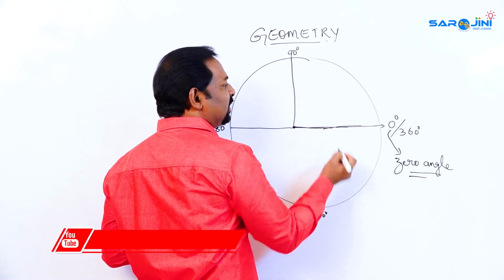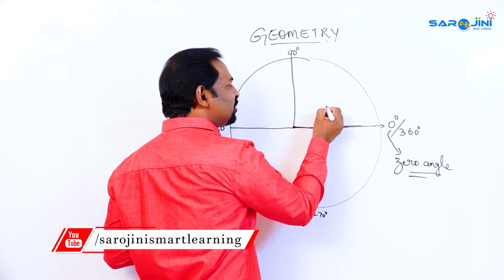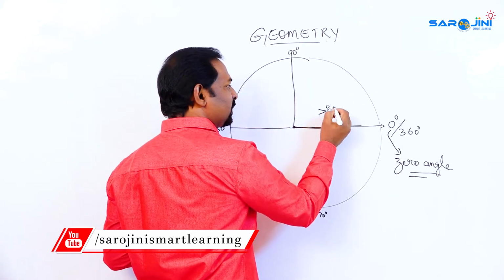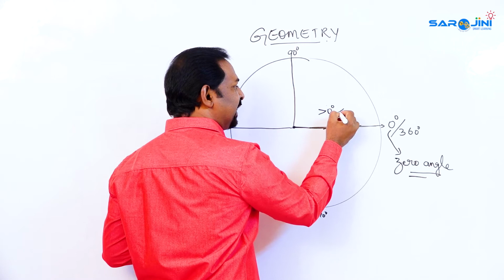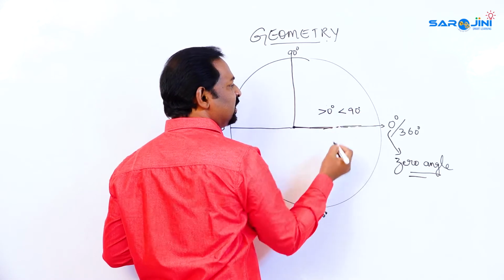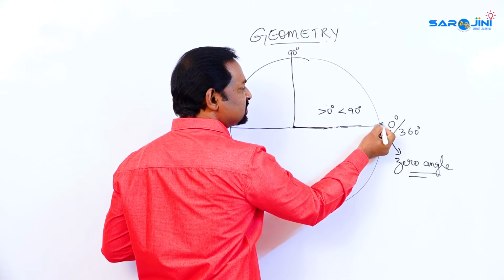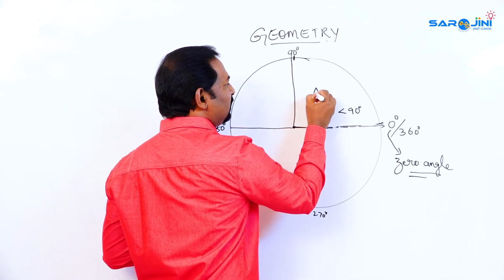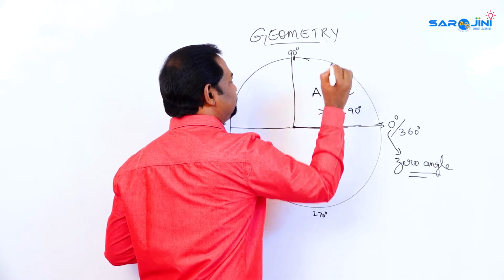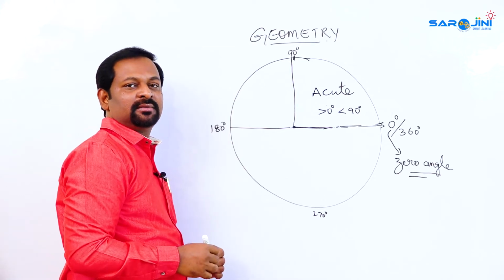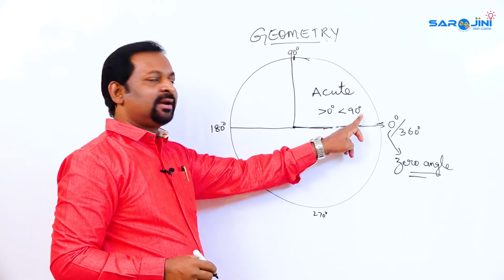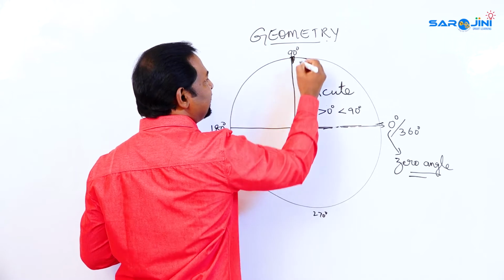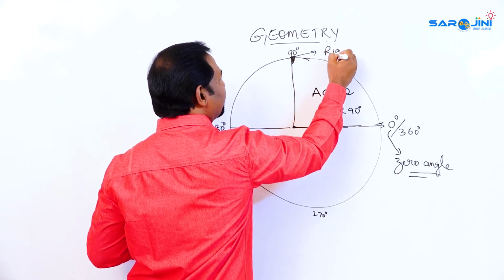If any angle is greater than 0 degrees and less than 90 degrees, that means from here onwards to here, we call it an acute angle. If it is exactly 90 degrees, we call it a right angle.